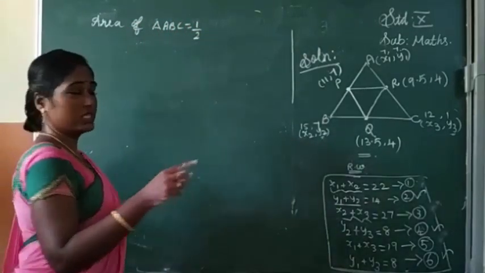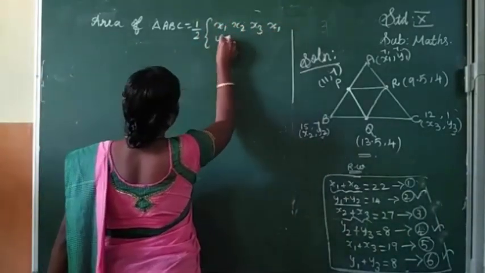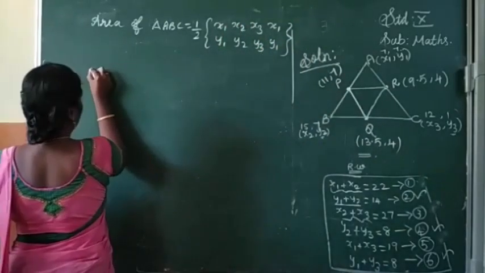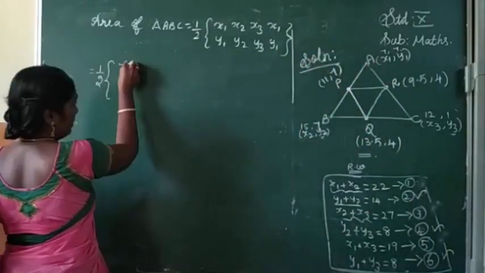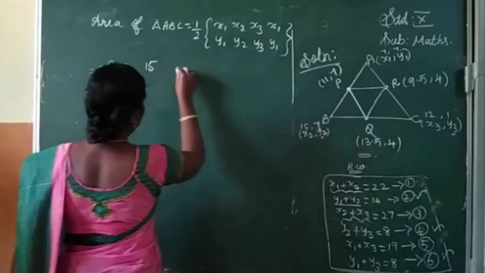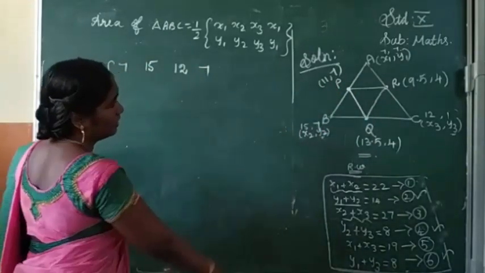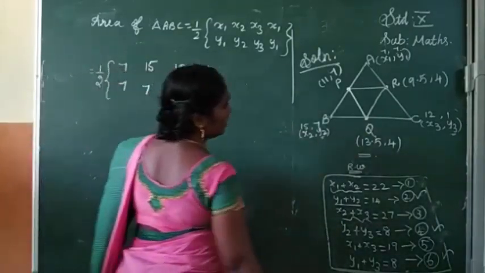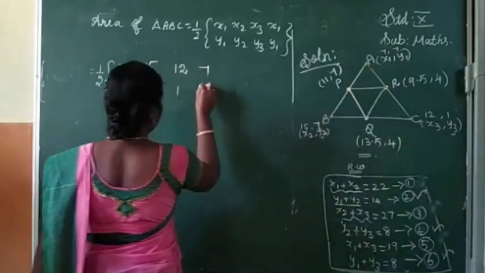Half into x1, x2, x3, x1, then again y1, y2, y3, y1. That is equal to half into. Now substitute all the values. x1 value is 7, then x2 value is 15, then x3 value is 12, then x1 value is 7. Then y1 value also 7, y2 value is 7, then y3 value is 1, then again y1 value is 7.